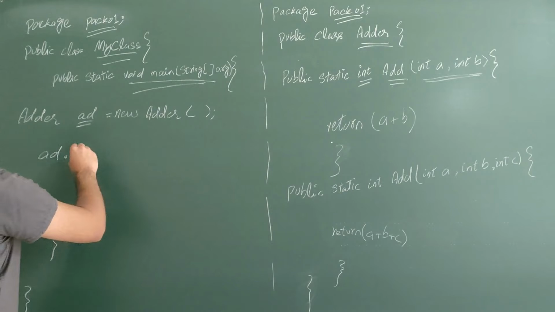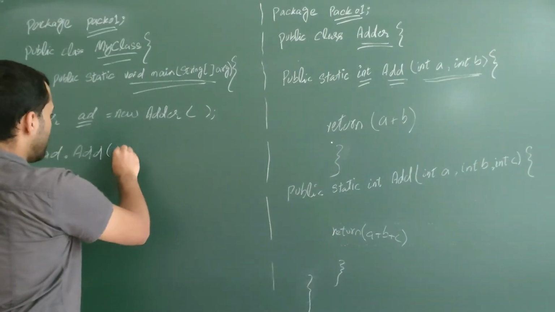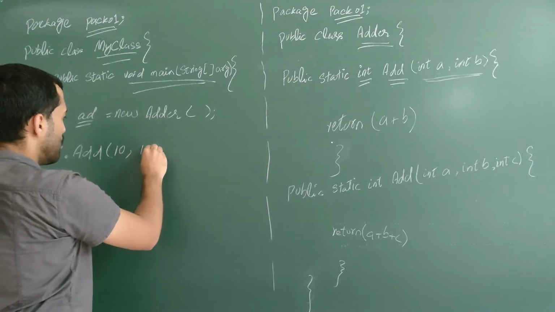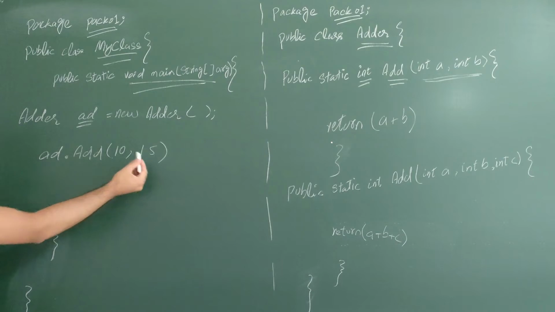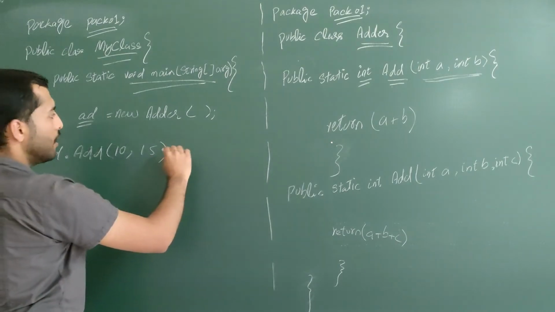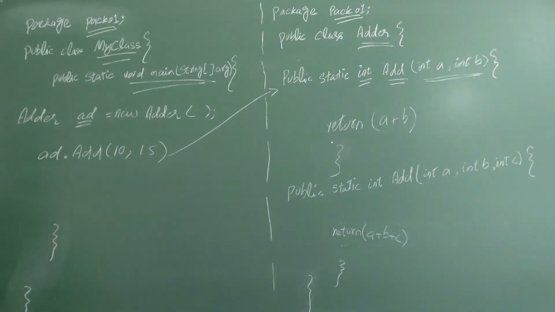So let's suppose that I will call this method AD, and I will pass here 10 and 15. When I pass 10 and 15, there are 2 arguments, so it will automatically go to this one. It will print their sum.